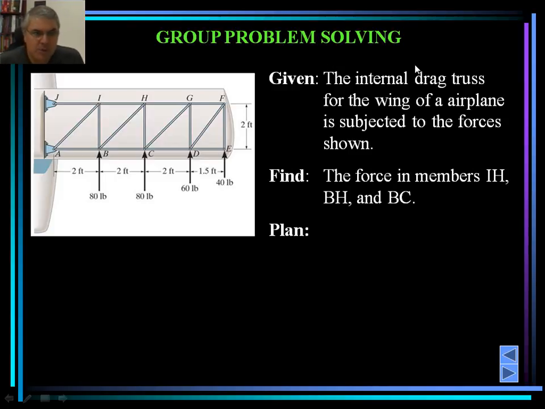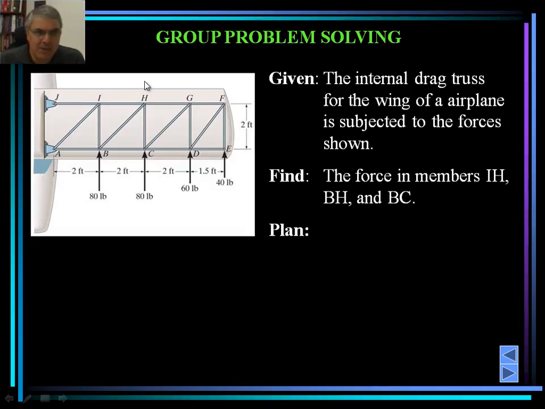So this portion of a wing of an airplane has an internal thrust, as you can see. Of course, it's covered by the other material, but the internal wing of this airplane consists of a truss.